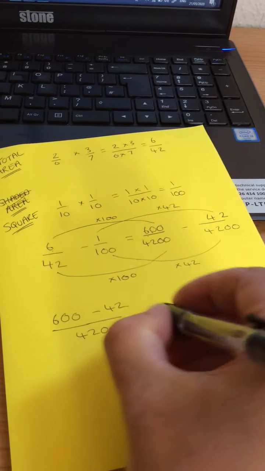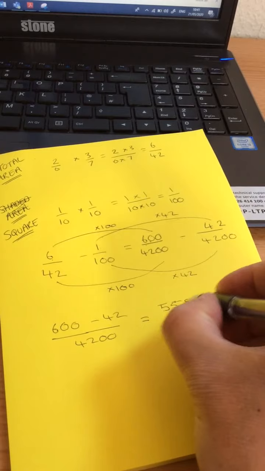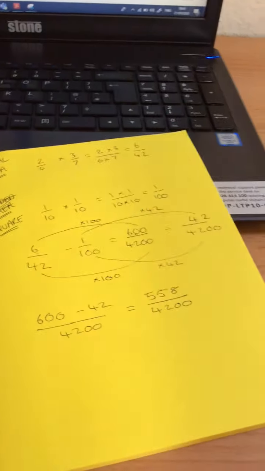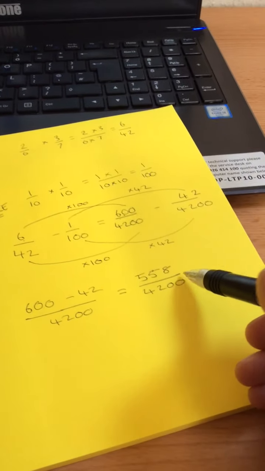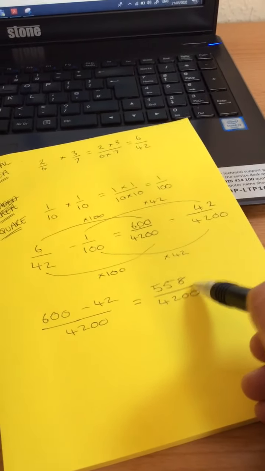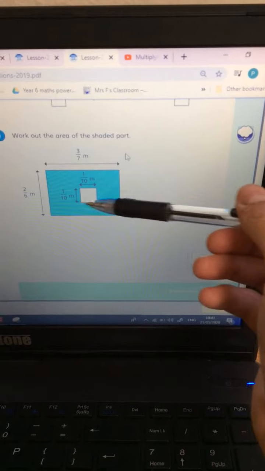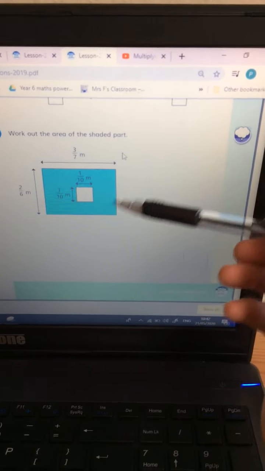My denominator stays the same, which is going to give me 558 over 4,200. Okay. Now, I could leave it like this. It's my answer. It's an equivalent fraction because I've done the subtraction part. So if I go back to my question, I've got rid of that little bit from all of this. So that is my total area.